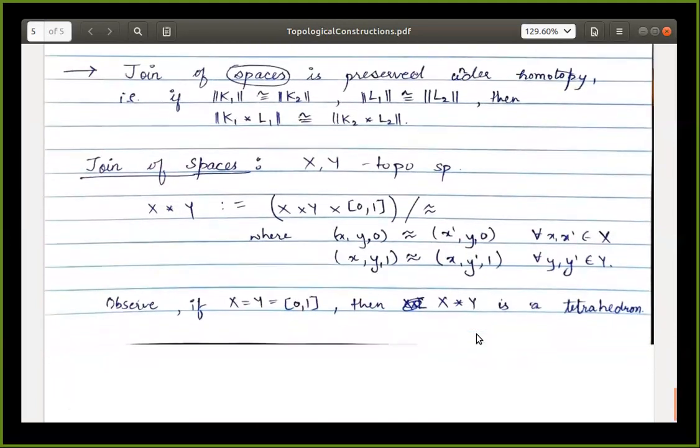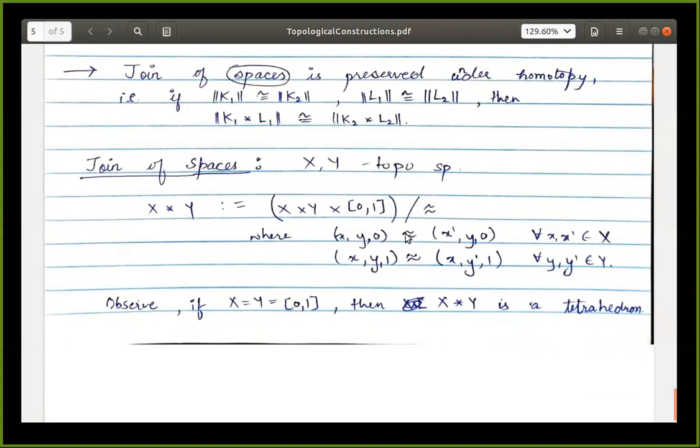Okay, so if let's say you have taken X and Y both to be the unit interval, then X cross Y cross [0,1] is a cube, correct? This is I cross I cross I. It's a three-dimensional cube modded out with this. So draw in your copy and see that this again gives you a tetrahedron.